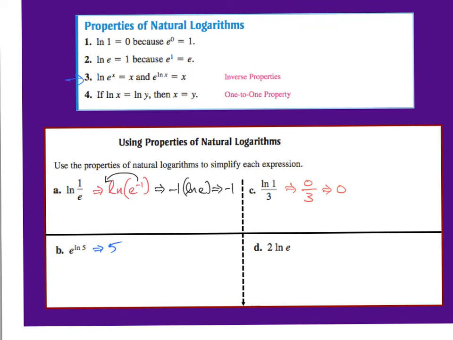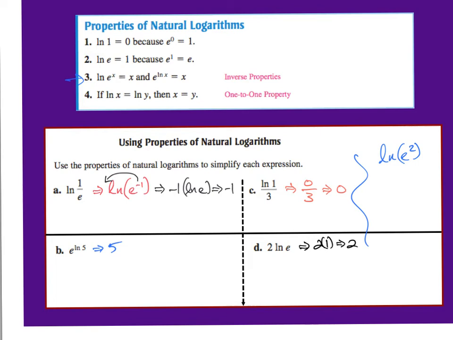This next one I have 2 times natural log of e. Well, what's natural log of e? 1. So it's really 2 times 1, and we're going to call that 2. A freestyle: what if I have natural log of e squared? What happens?